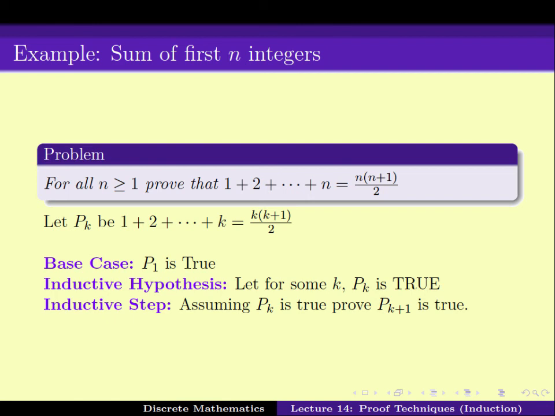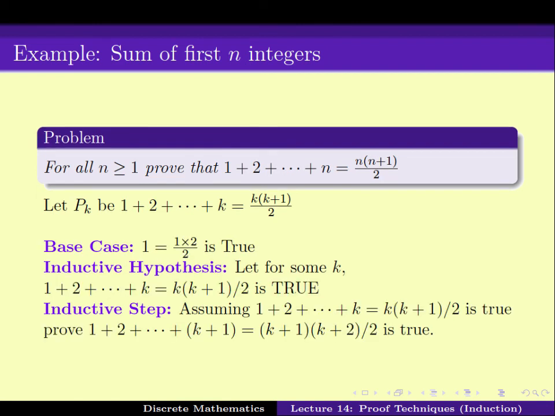Now let's put these numbers back. So what does this base case turn out to be? It was P1 is true, or in other words, the first element 1 is equal to 1 into 1 plus 1, which is 2 by 2. And this is indeed true. Now the inductive hypothesis: for some k, we have assumed Pk is true.